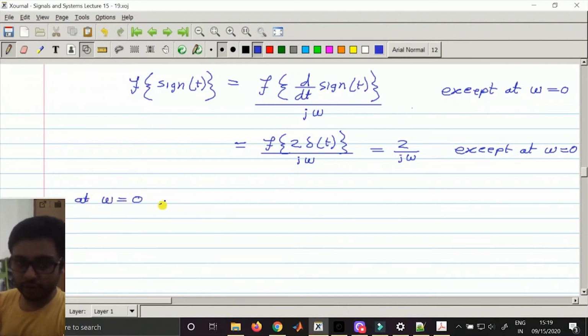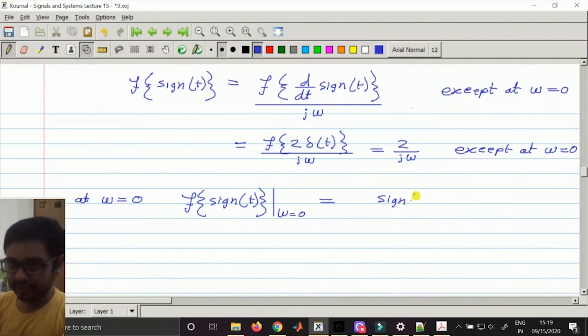For omega equal to 0, the Fourier transform of signum t is by definition the integral of signum t multiplied by e to the power minus j omega t dt from minus infinity to plus infinity.